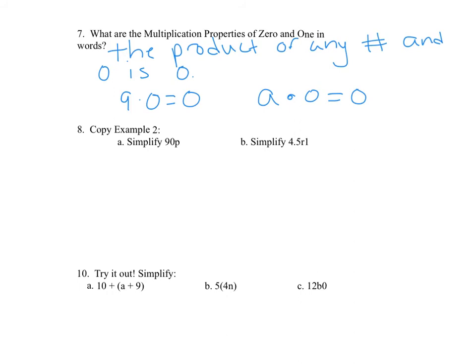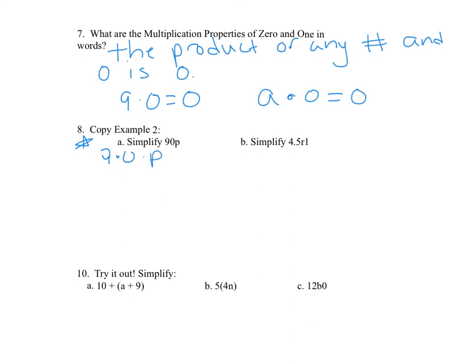So, let's take a look at number 8. This should read as 9 times 0 times p. So this is where we're going to use the associative property of multiplication to change the grouping. Right now it looks like 9 times 0 times p.